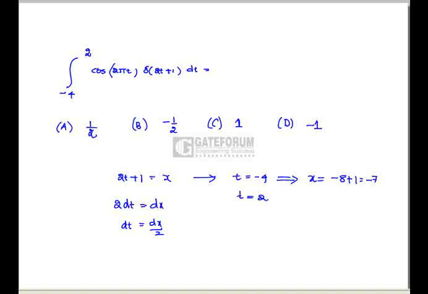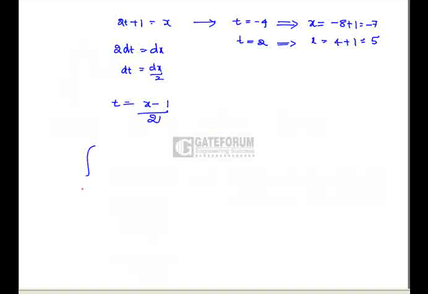T equals 2 means x equals 4 plus 1, which equals 5. Here t equals x minus 1 by 2. So if we substitute all these values into the equation, we will get the integral from minus 7 to 5 of cos of pi times x minus 1, delta of x dx, times 1 by 2.